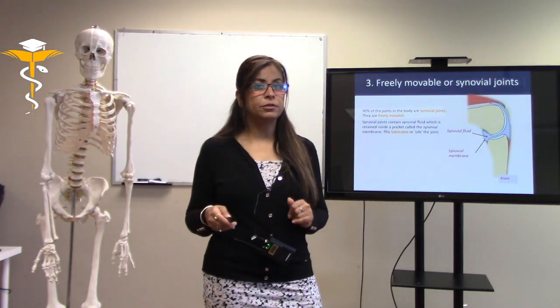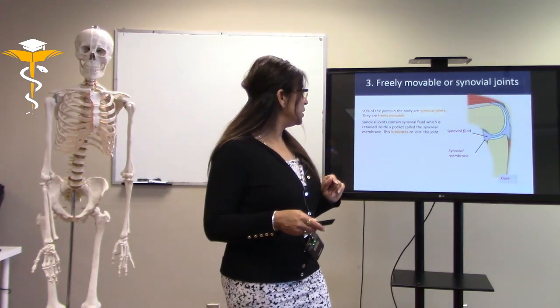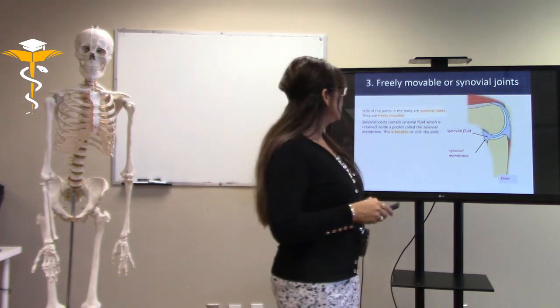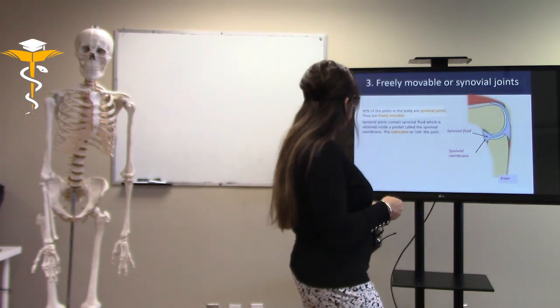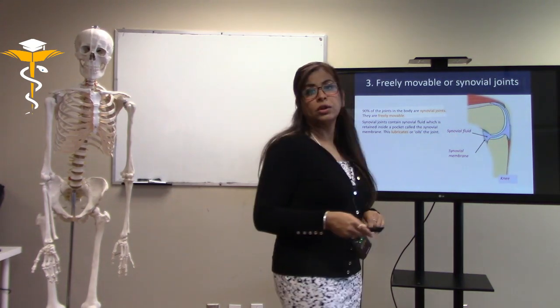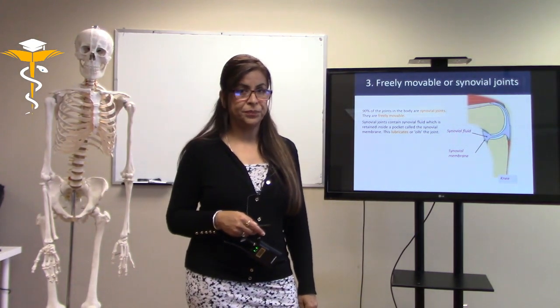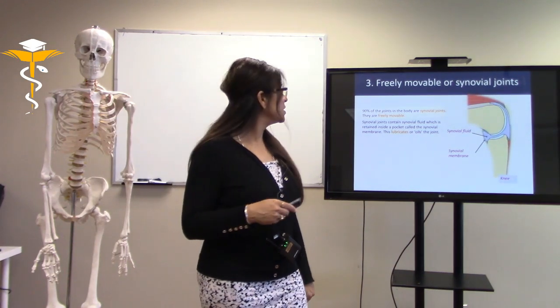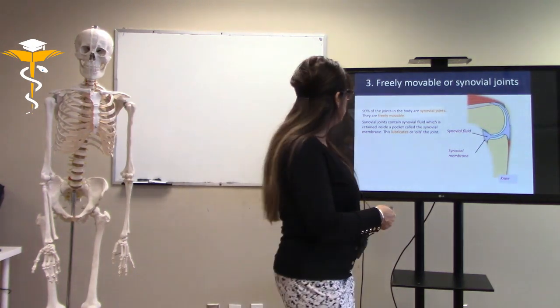It's not a good thing to have that. It's very painful to have a synovial fluid leak. This synovial fluid is also called the oil of the joints. So very important, 90% of our joints in the body are synovial joints or freely movable joints.